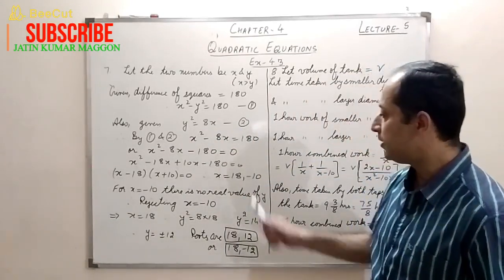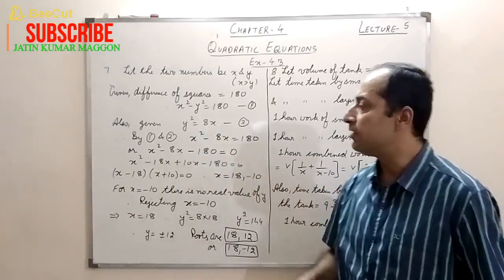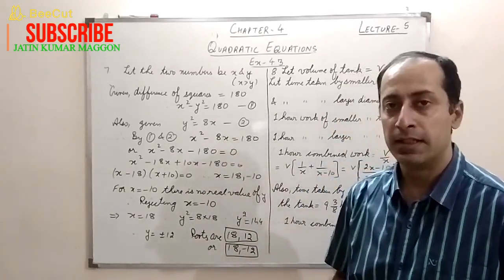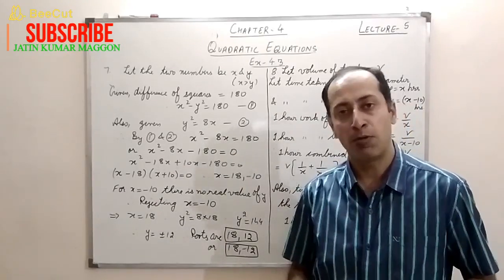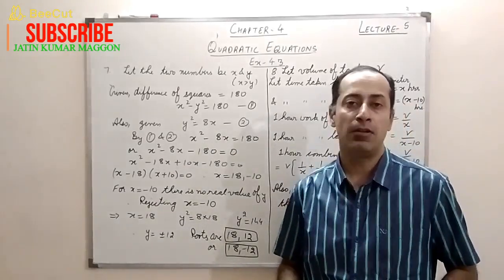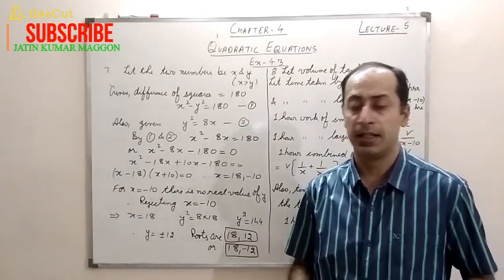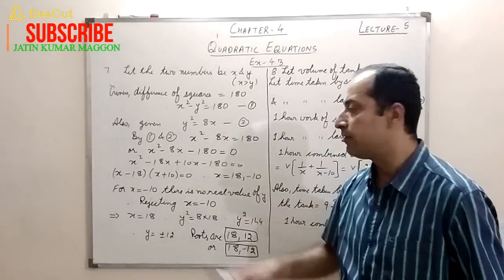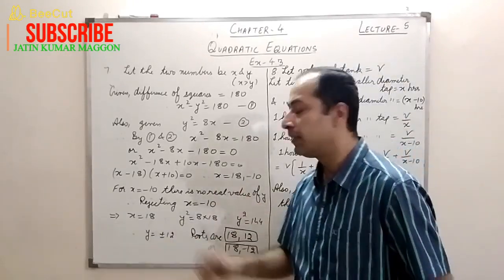So I substitute the value of x as minus 10 in this. So y square equals minus 80, and y will be equal to the square root of minus 80. It means I will not get a real value of y. So I have to reject x equals minus 10, and I will take the value of x as 18.